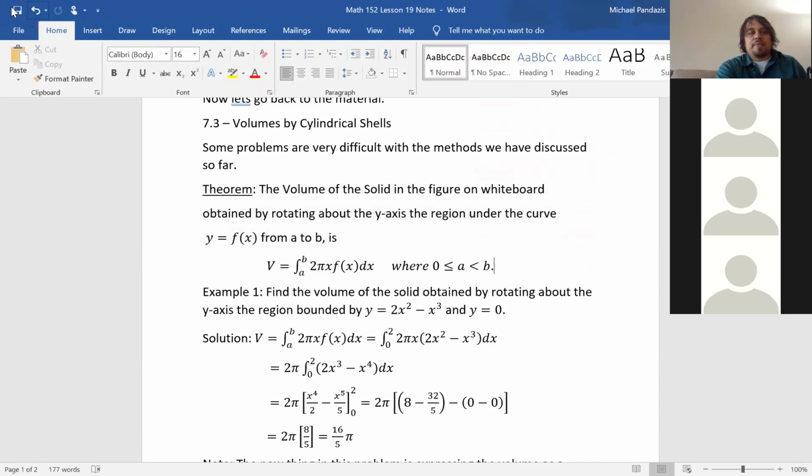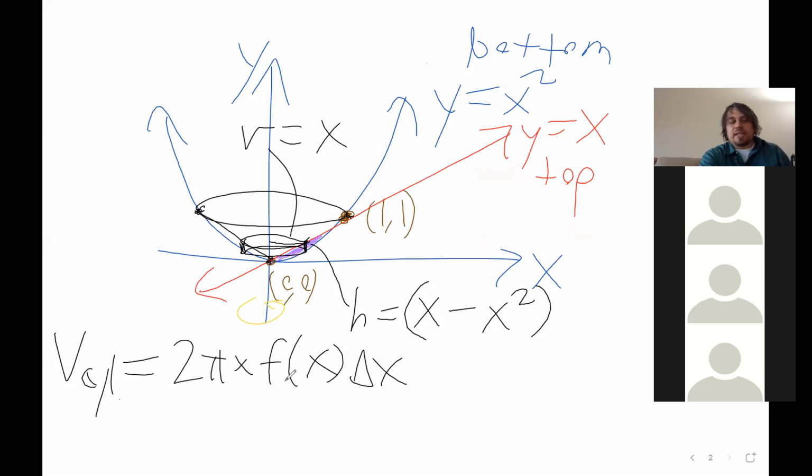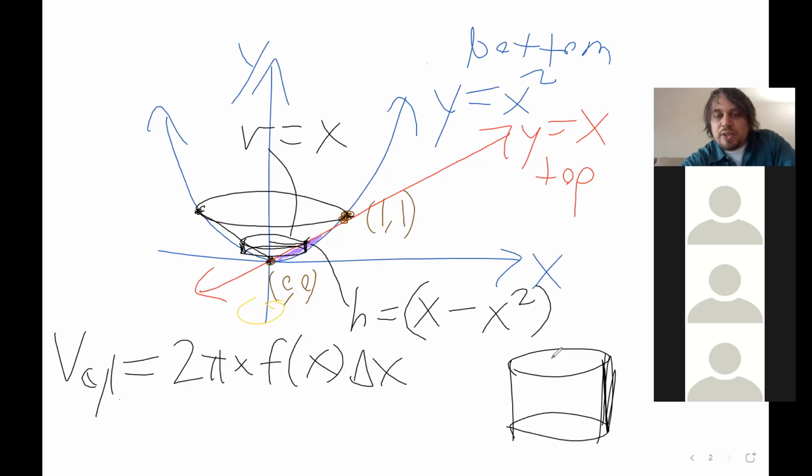So in the problem, the x is the radius of this cylinder. When you have an approximating cylinder, you have its thickness, which is delta x, which you use the dx for. The radius is there, and then that's the height. So you have 2 pi x f of x: 2 pi r for the circumference, times the height, times the thickness.